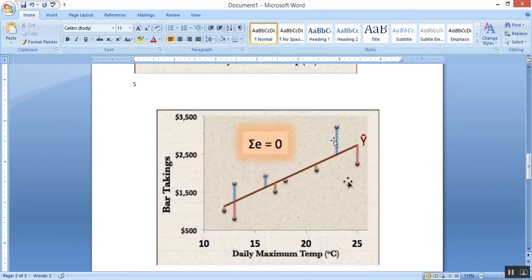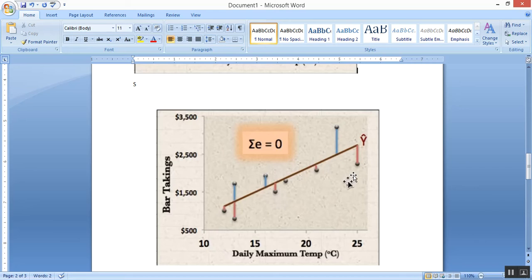Well, we square them because remember, if we just added the distance between each observation and our predicted value, then the positive and the negative would just cancel each other out. But a negative times a negative is always positive. -2 times -2 is 4. -1 times -1 is 1.